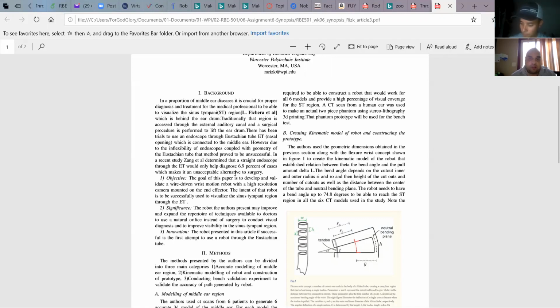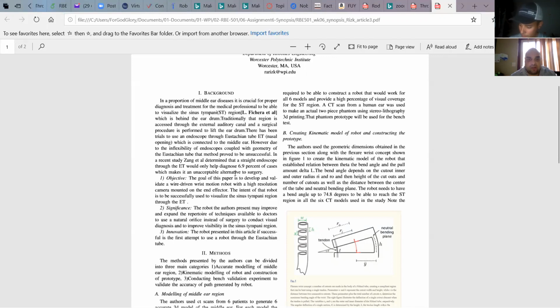So the alternative is that they go through the auditory canal, which is the ear opening, and then they actually lift the eardrum or cut the eardrum, and then they are able to see into that area very clearly. So that is basically surgery.